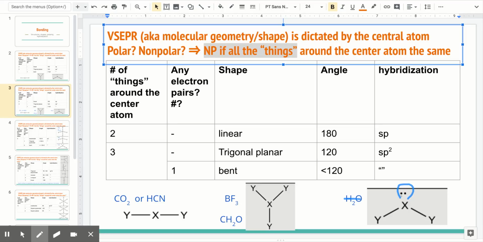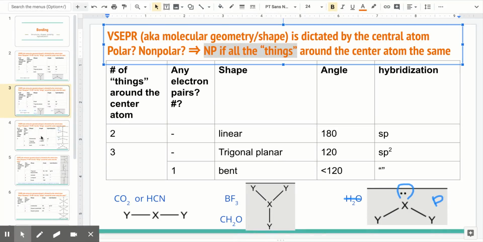Are they all the same? No. 2 are atoms and 1's an electron pair. So anything that's going to be this bent is going to be polar no matter what, because all 3 of those things are not going to be the same. Okay, so that's what I'm meaning by this. It's nonpolar if all the things around your center atom are the same. So they would have to be the same exact atom for that to be true.